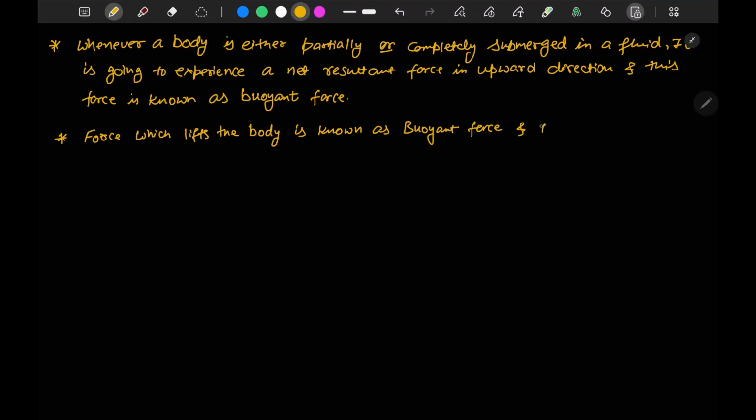And the tendency of an immersed body to be lifted up is known as buoyancy.